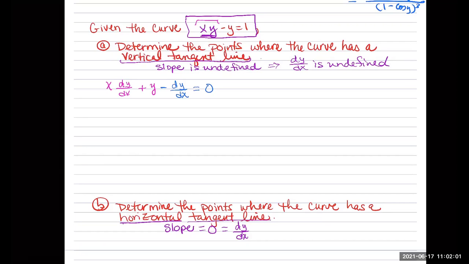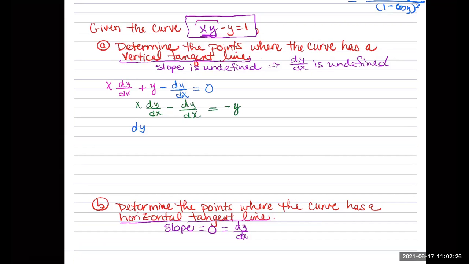So I'm going to put all of the terms that have a dy/dx on the left-hand side. And that term without a dy/dx, I'm moving to the right. Now isolate dy/dx, so I'm going to factor the dy/dx out.